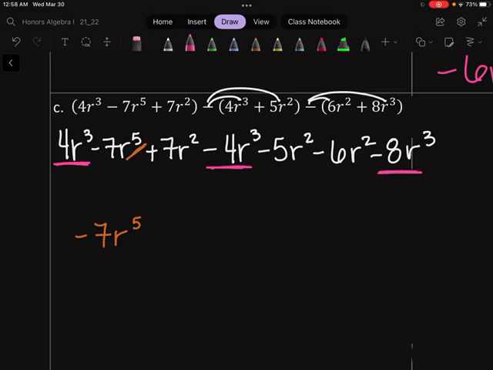That's going to be negative 8r to the 3rd. And then my squares, to the 2nd degree. So I have positive 7r squared minus 5r squared minus 6r squared. Say that's negative 3. Negative 3r squared.